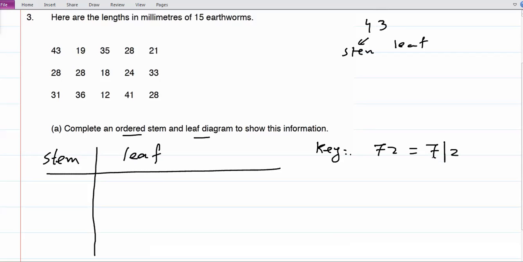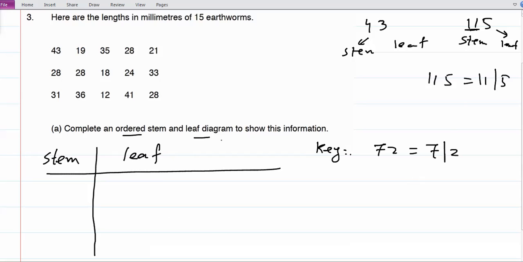Separate the stem and leaf, because it's a 2-digit number: this is stem, this is leaf. And for a 3-digit number, for example 115, these two are stem and this one is leaf. Then for the key you will write it in this way. So that you have to keep in mind.